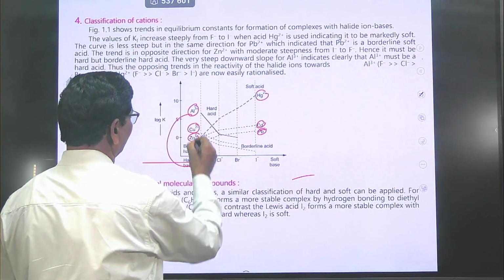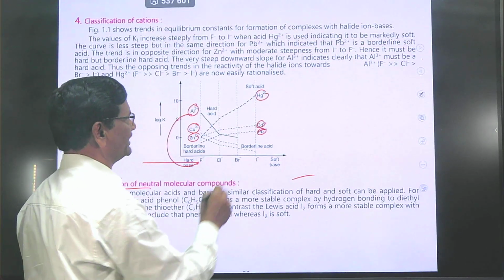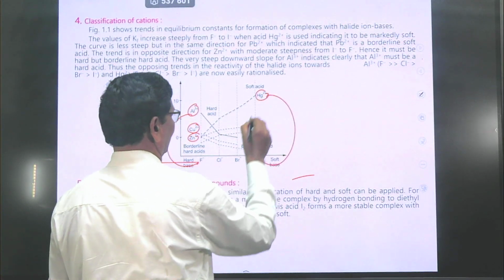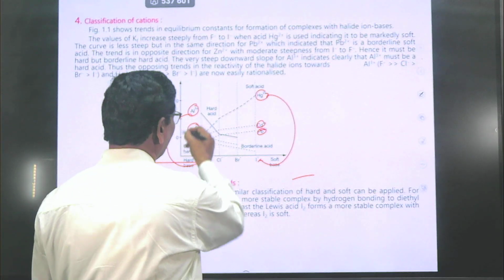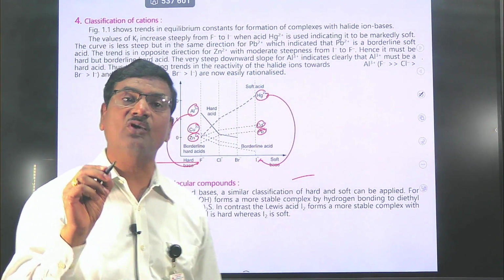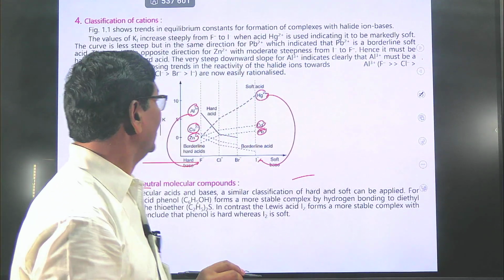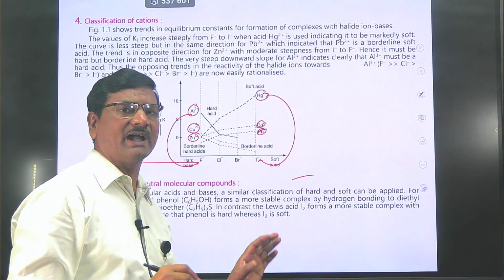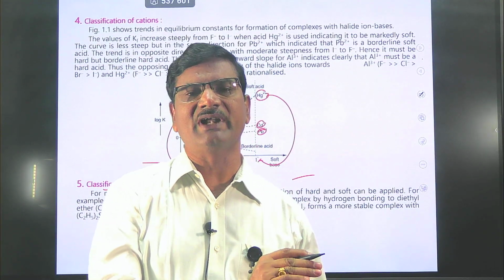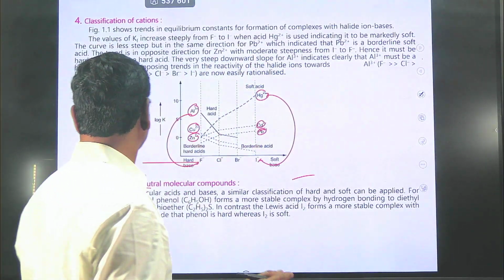Hard acid always prefers to combine with hard base and soft acid always prefers to combine with soft base. It means when the hard-soft combination is favorable, then complex formation takes place. On the basis of that we are going to explain whether the reaction is favorable in the forward direction as well as the backward direction.